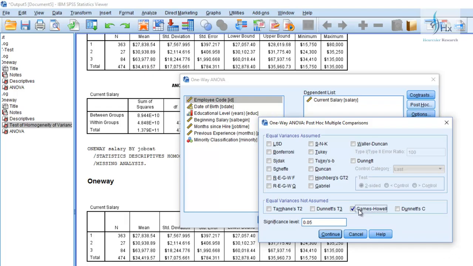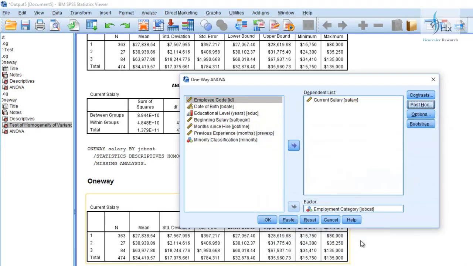The test is also applicable when we have a different number of observations in different groups, like a different sample size in three different groups. So we can go for the Games-Howell test, and you can set your significance level to whatever you want. We are okay with the 0.05 level of significance. Click continue and click OK.